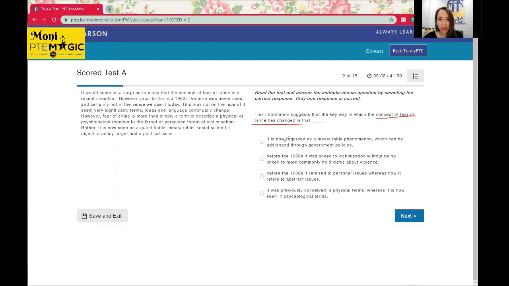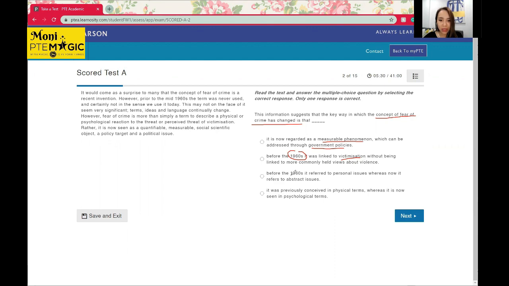Okay, the options. It is now regarded as a measurable phenomenon which can be addressed through government policies. Before the 1960s, there's a specific number mentioned, so we can find the number in the text to see if it's relevant. It was linked to victimization without being linked to more commonly held views about violence.